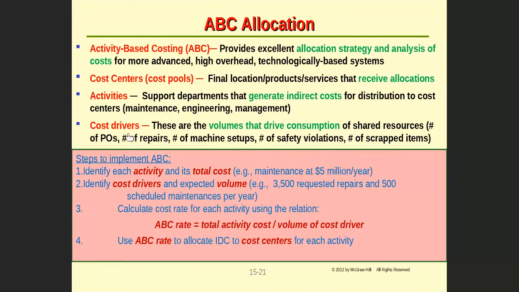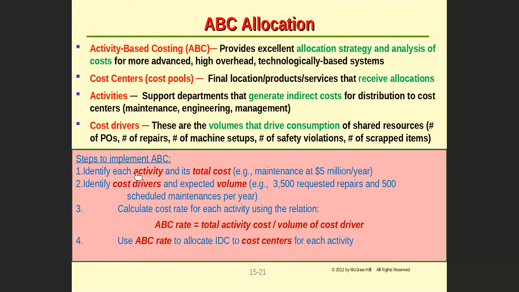And then you need something called the driver. The cost driver, if we consider maintenance as the activity, can be the number of repairs or number of POs. And for the management, it could be the number of safety violations or number of turnovers of the employees, and so on. So the activity has to be identified and the driver has to be identified.